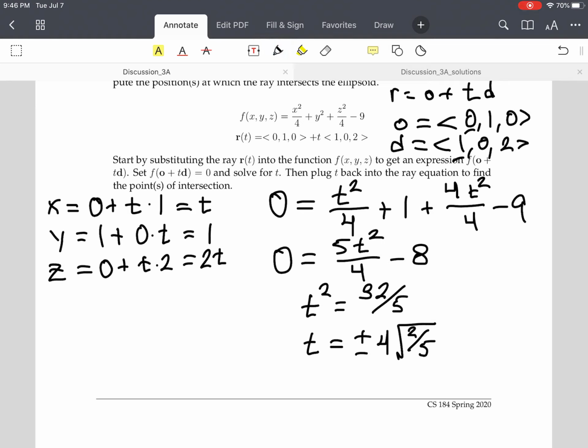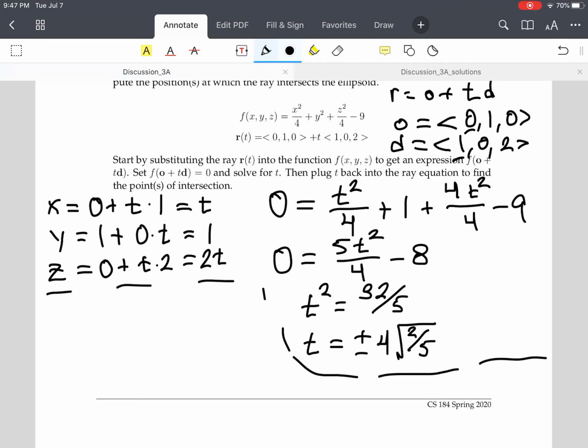Okay, so now that we have the t, we want to find the actual point of intersection. And how do we do this? Well, we just plug it back into the ray equation, right? We find the position of the ray at this t, and that'll be the intersection. So let's go ahead and do that. So what that's going to be is, let me kind of separate this out, (0, 1, 0) plus 4 root 2/5 times (1, 0, 2).